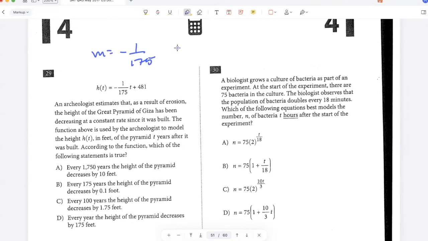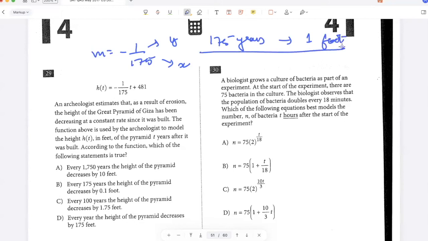So which means that the numerator is the y value and the denominator is the x value. So every 175 years, the height reduces by 1 foot, right? That's what the slope is telling me. So every 1750 years, the height reduces by 10 feet.